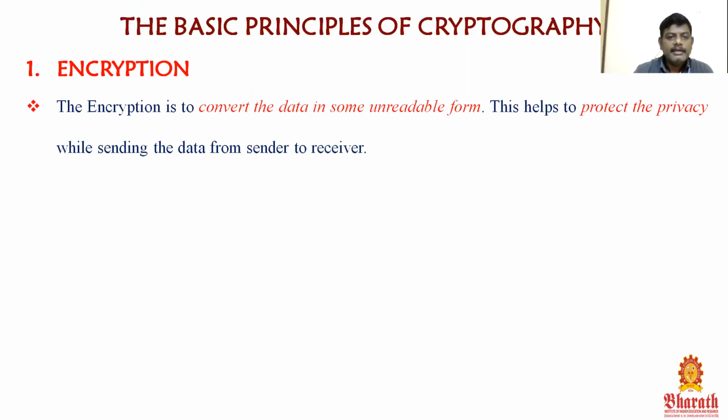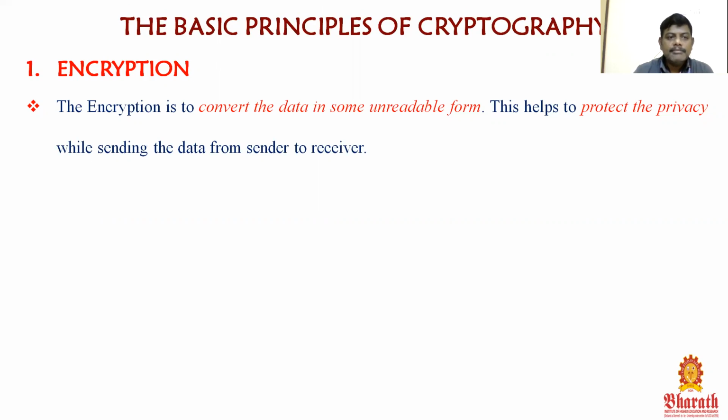So we have data, and we need to send the same confidential information to a particular person or organization. We need to protect the data. So in between sender and receiver, anything may happen. So we need to protect it. Encryption converts the data into some unreadable format.